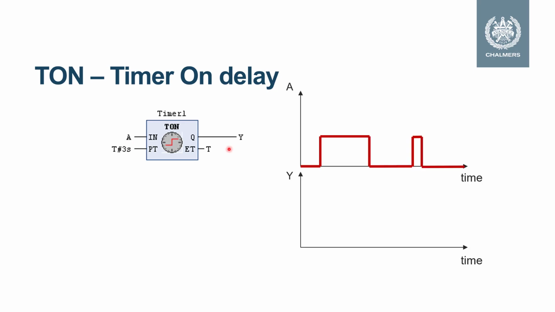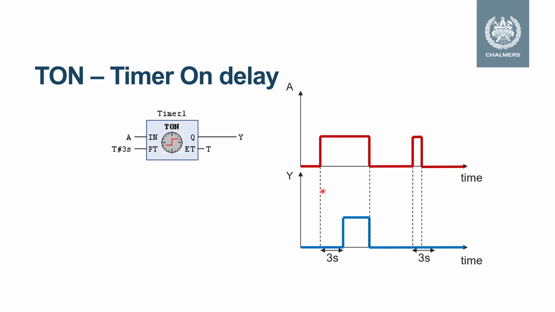To illustrate how the timer works, I have a signal A going from false to true to false to true to false again, like this. Now the timer is measuring the time from the input signal becoming true, and the amount of time measured is 3 seconds. So when A became true, I will measure the time 3 seconds. And here as well.